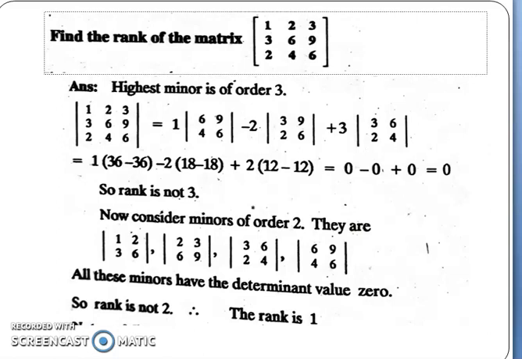So it is equal to 0. So the rank is not 3.